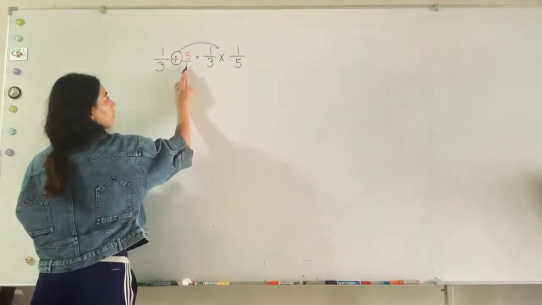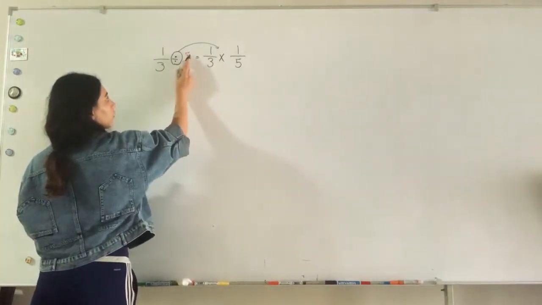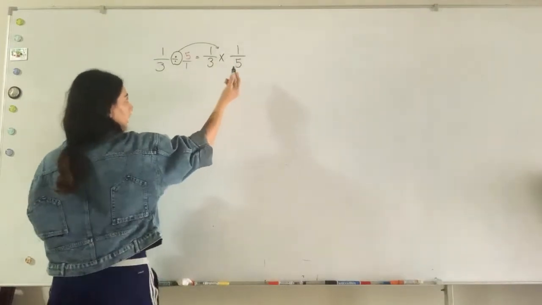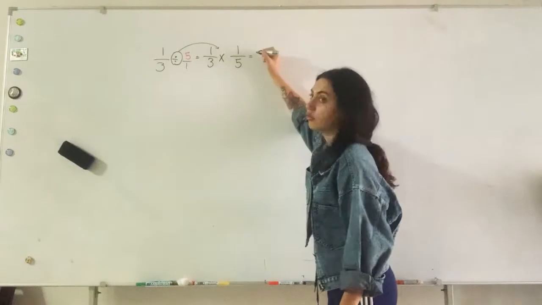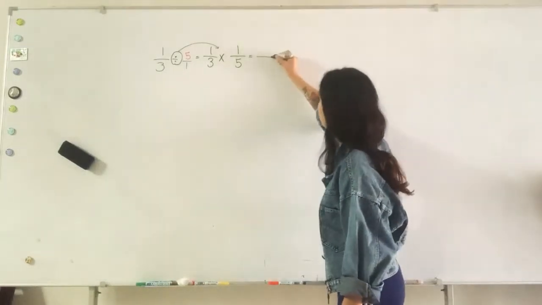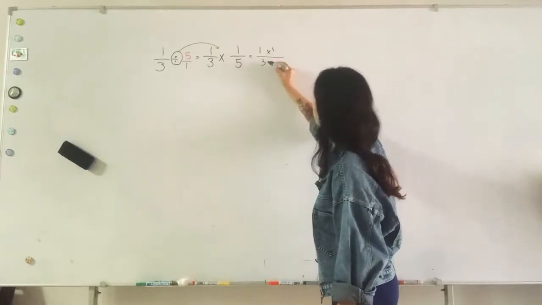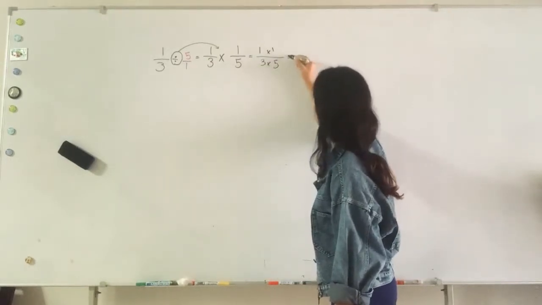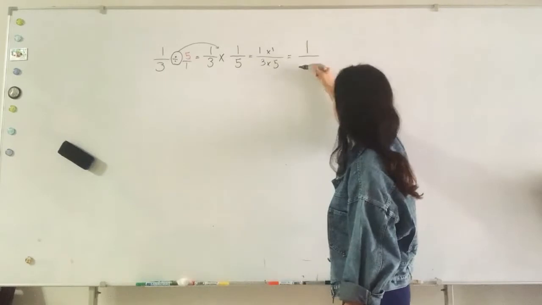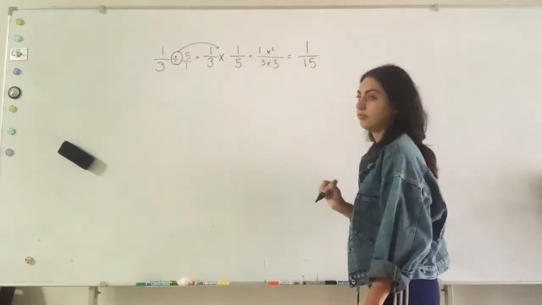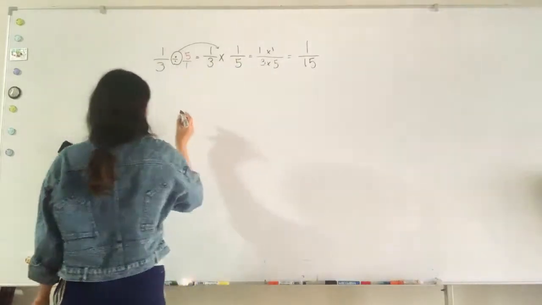Then you bring the denominator to the numerator, numerator to the denominator. So that will be 1 over 5. Then you multiply just the way you did before. 1 times 1, 1, 3 times 5, 15. Let's do another one.